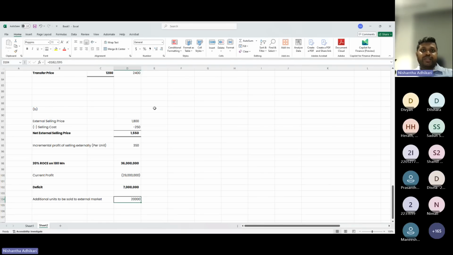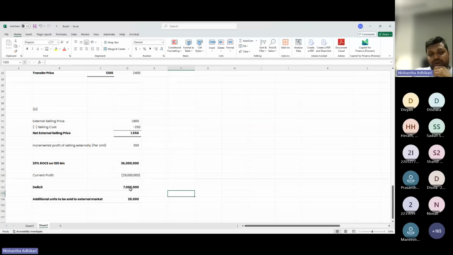You have to sell 20,000 units externally. Additional units you have to sell externally are 20,000 units. This is the answer for part B.